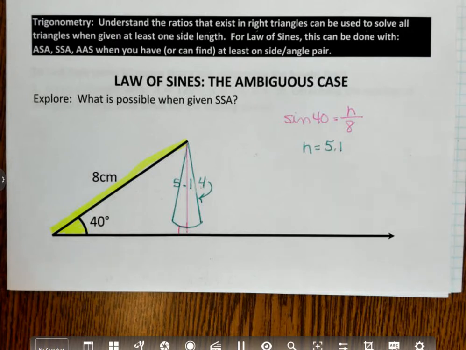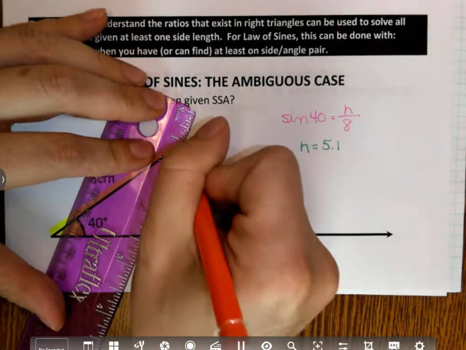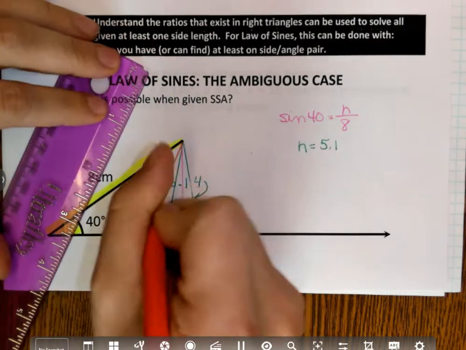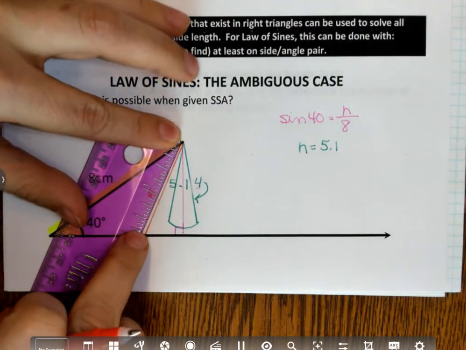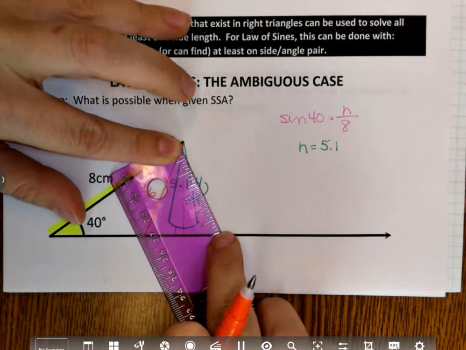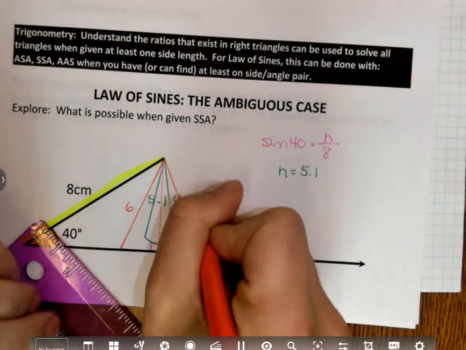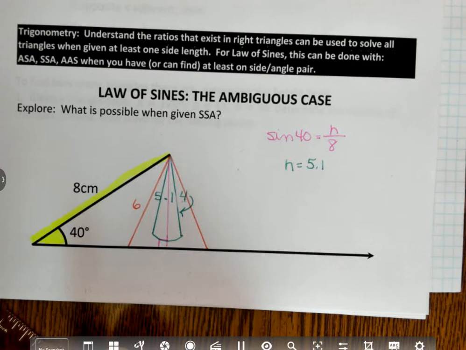Now, let's say instead of having a set of 4, I did a set of 6. That could make a triangle, right? Is that the only place that 6 could go? No, because again, it's like a pendulum. I can grab that and spin it over onto this side and have the same length, that also being 6, but a completely different setup.